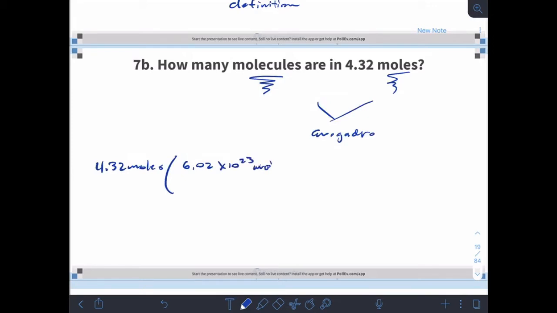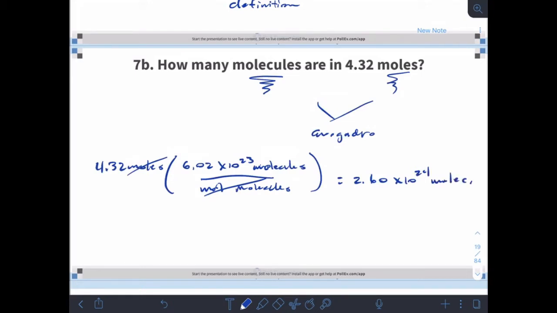So that many molecules per mole of molecules. Okay, so my moles will cancel out, and it just leaves me with an answer in molecules. So we should come out to be 2.60 times 10 to the 24 molecules.